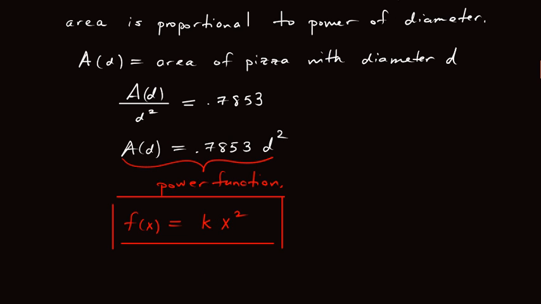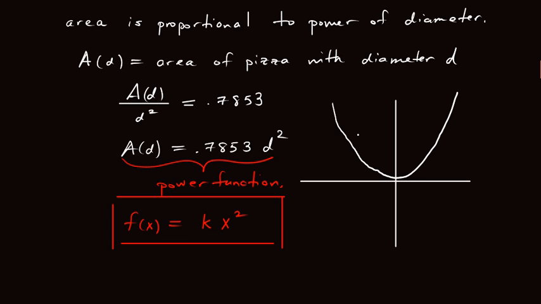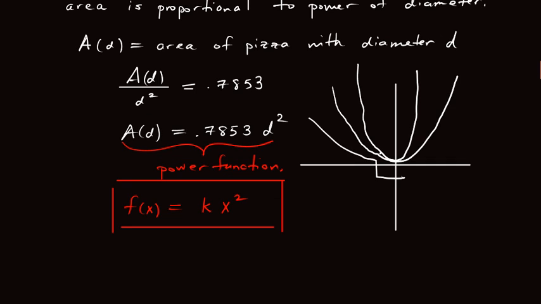We could actually graph this function. The graph of a quadratic looks like this, where how fast you increase depends on k. If k is large, then it looks more like this, and if k is small, it looks more like this. So that's an example of a power function with constant of proportionality k.